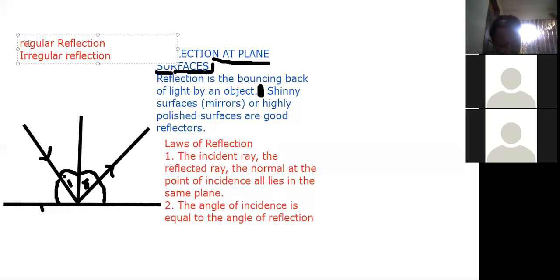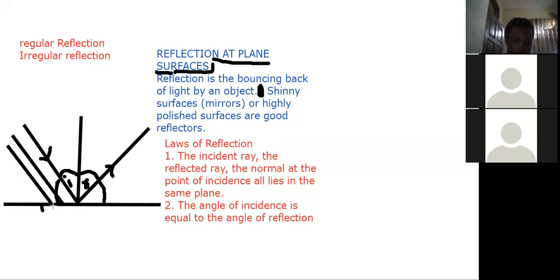So when it occurs on a smooth surface, all the incident rays are reflected in the same direction, they bounce back because it is a smooth surface. Here is a diagram of how regular reflection occurs. So this is a beam of light, or a collection of light rays.